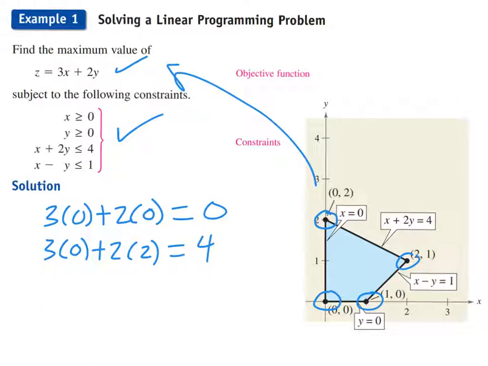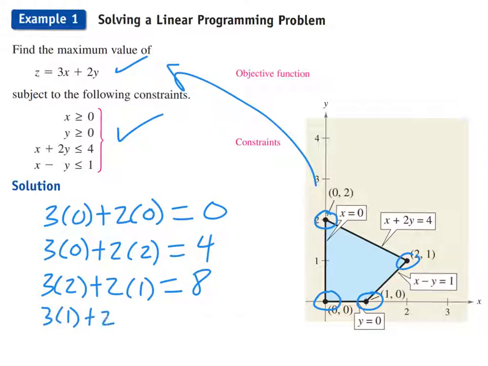That gives us a value of 4. Now I'm going to go to 2, 1. I plug in the point 2, 1 and we get 8. And then I've got 1, 0. Which gives me 3.